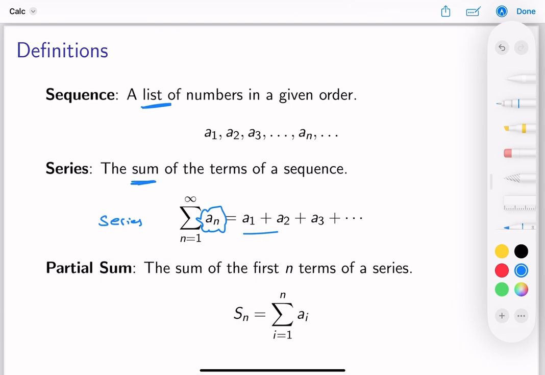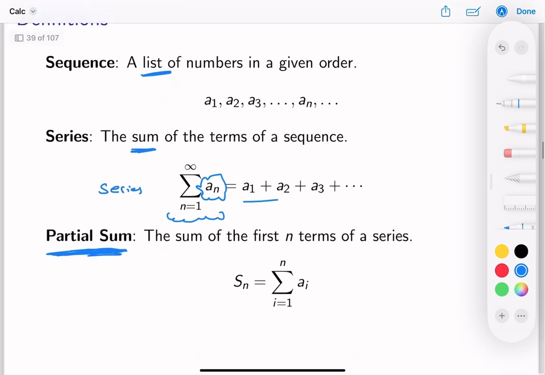However, the purpose of this video is to give some examples of series and to cover the basic properties of series, like how to add two series, how to multiply two series, how to re-index series, and some of the important examples of series. An important terminology that I want to introduce is the term partial sum. Say you have a series, the sum from n equals 1 to infinity of a_n.